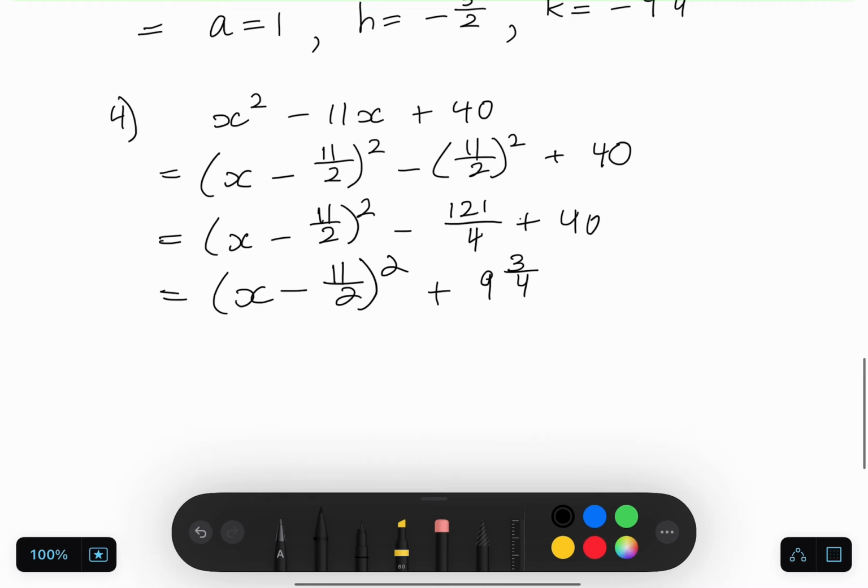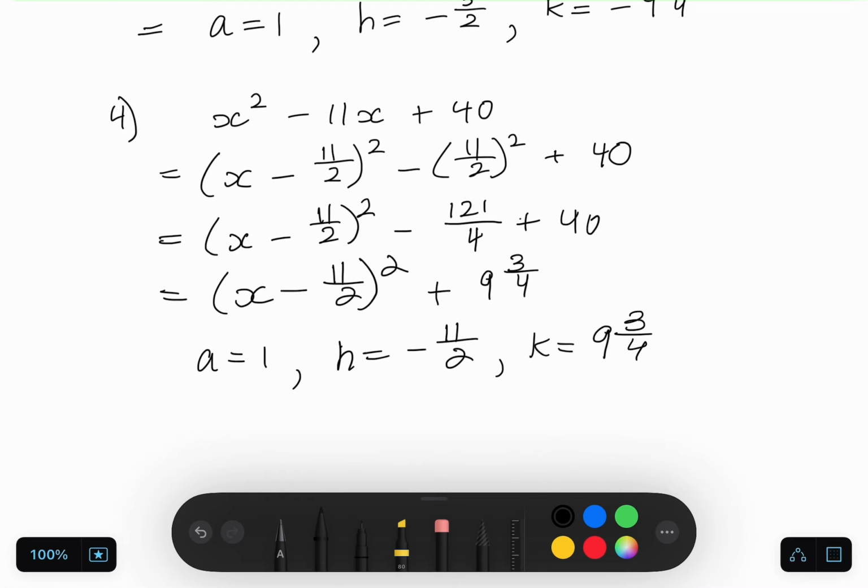Okay, so this is in your completed square format where a is 1. a is always going to be the coefficient of x squared, whatever that is, right? So a is 1, h is negative 11 over 2, and k is 9 and 3 quarters.